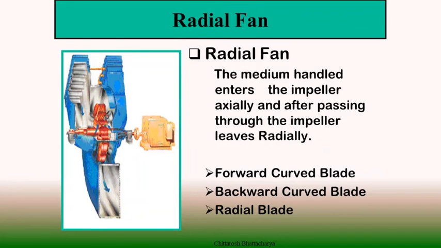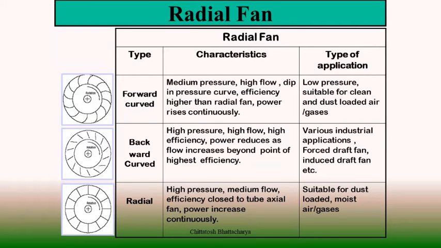It means that in case of forward curved blading, the blades are inclined towards the direction of flow, and in case of backward curved blading, the blades are inclined towards the backside of the direction of flow, and in case of straight or radial blading, they are perpendicular to the direction of flow.